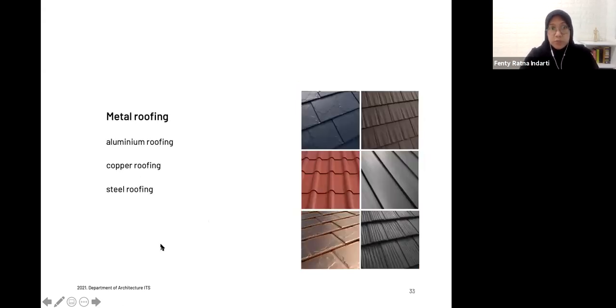Next, we are talking about the metal roofing. Metal roofing is literally very popular nowadays because you can create any shape, any expression from the metal material. There are several materials that you can find become popular. There's aluminum roofing, copper roofing, or steel roofing.